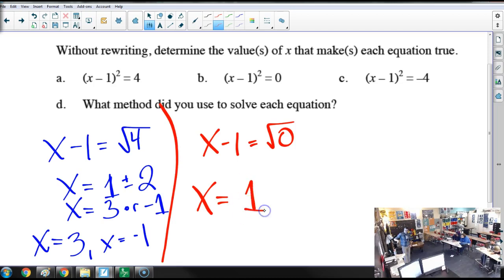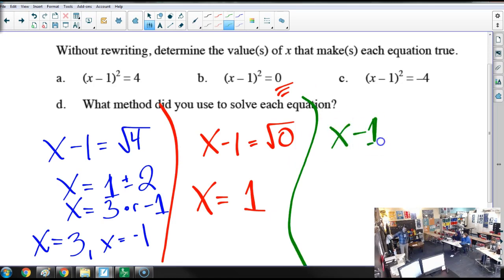Yeah, because 0 can't be negative or positive. It's the 0. It's the x-intercept. This is like what we've already done. We had done this, that's why you're trying to see with B. And then C, not possible. Oh, wait, because it could be plus or minus the square root.